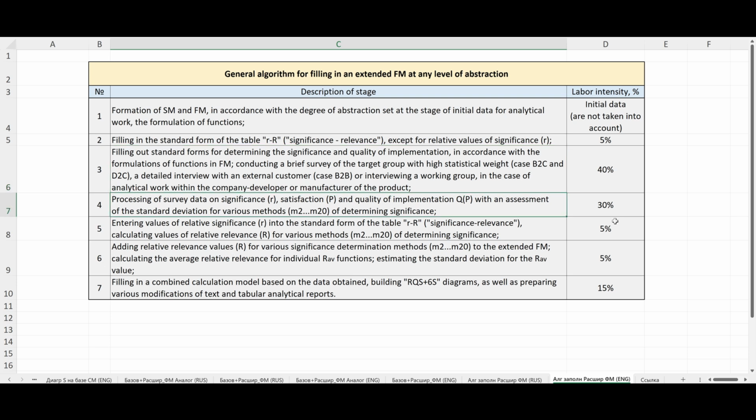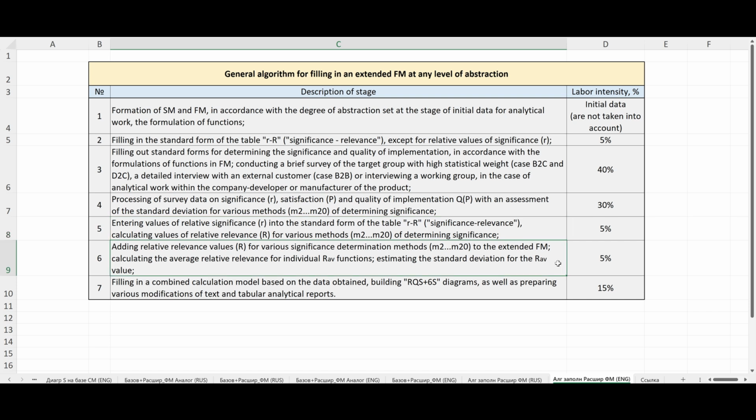Next, data from the survey of significance, satisfaction and quality of implementation are processed with an assessment of the standard deviation for various methods of determining significance. The values of relative significance are entered into the standard form of the significance relevance table, and the values of relative relevance are calculated for various methods from M2 to M20 of determining significance.